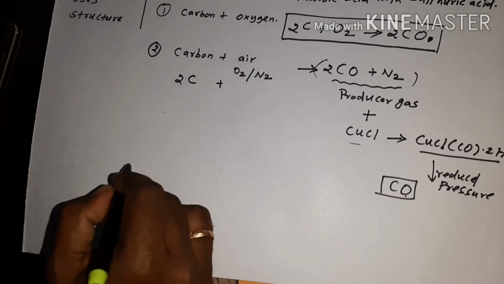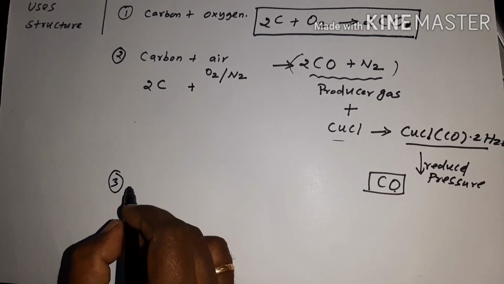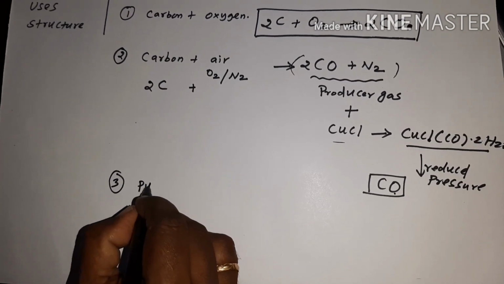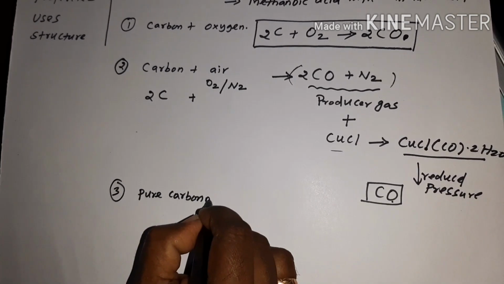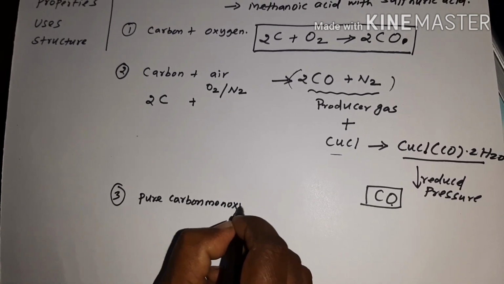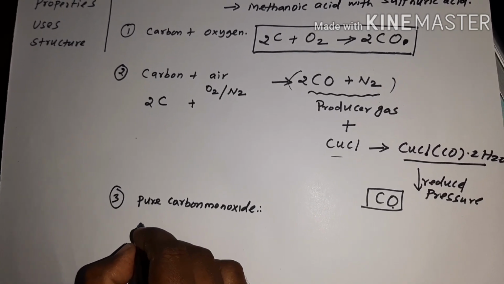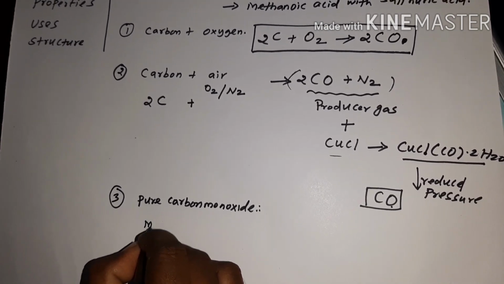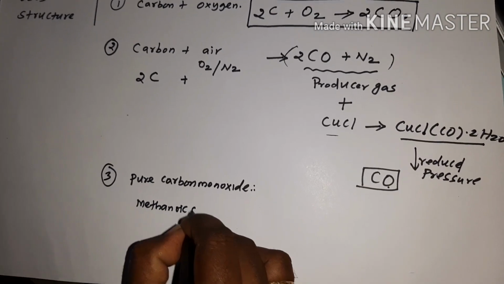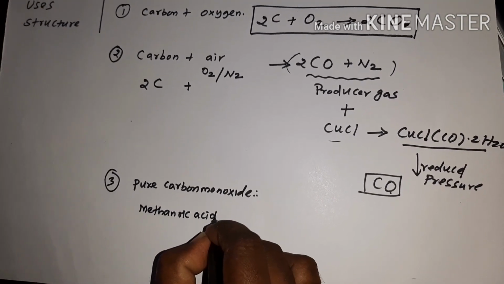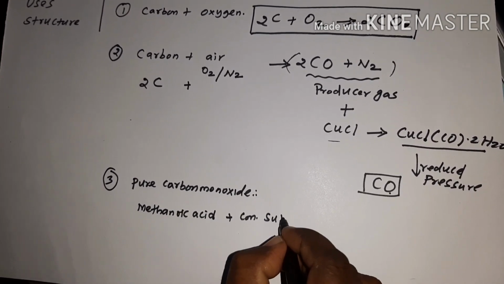Then third method, here we get pure carbon monoxide. Methanoic acid, then concentrated sulfuric acid.